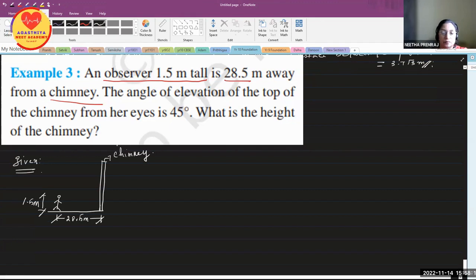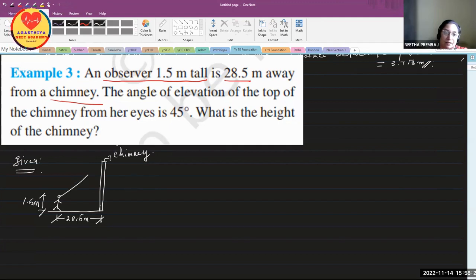Then the angle of elevation is 45. So from here, if she looks, it makes 45 degree. I told you the angle must always be measured from the horizontal. So from this, it makes 45 degree.